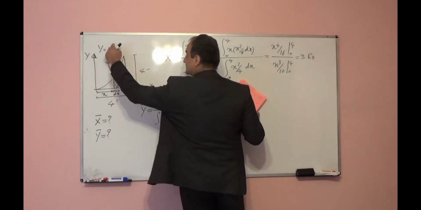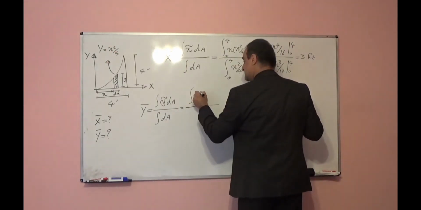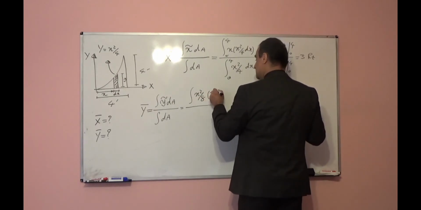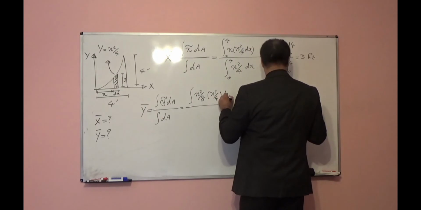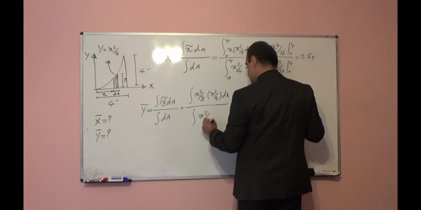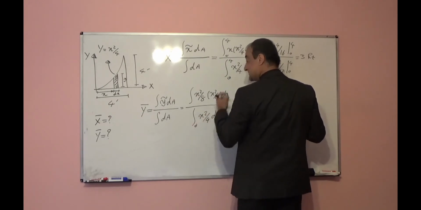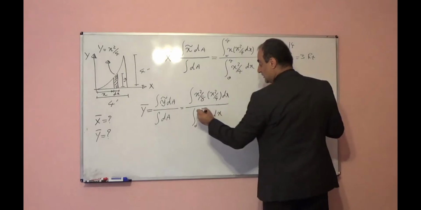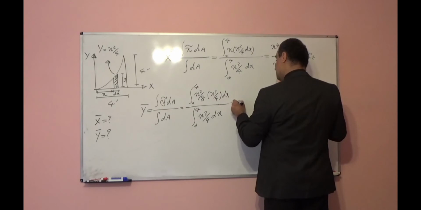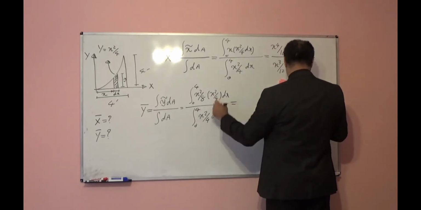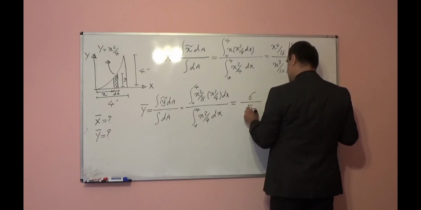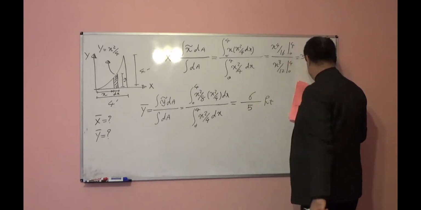Because y is x squared over 4, this will be x squared over 8. dA, again, is x squared over 4 dx, divided by integration of dA, x squared over 4 dx. X varies from 0 to 4. So if I integrate this and plug in the numbers, I will end up with 6 over 5 feet.